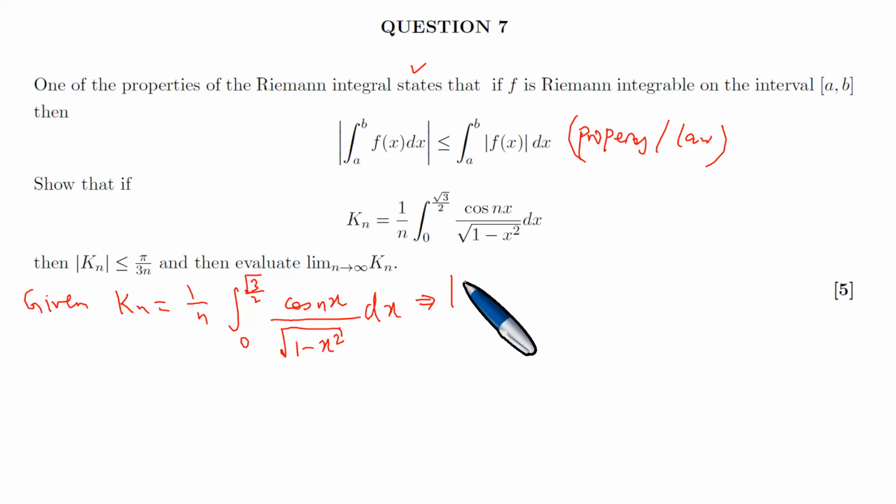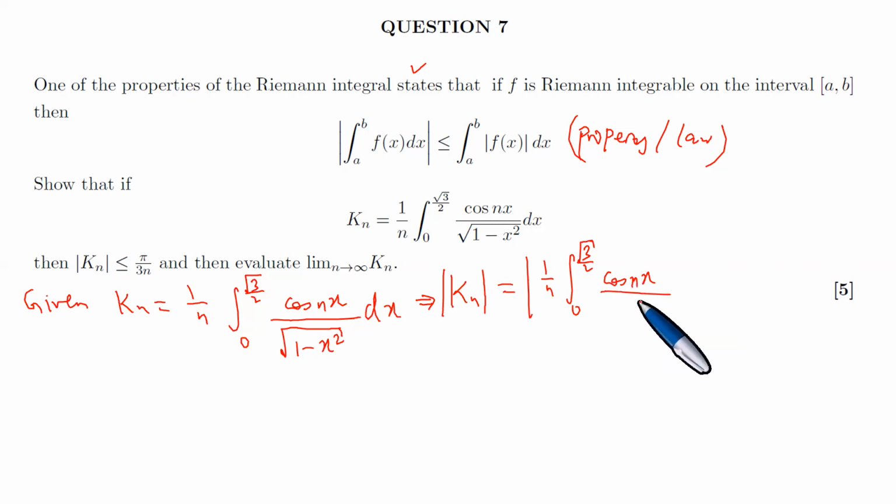So we take this one, which is the square root of 3 over 2, divided by 1 minus x squared dx.